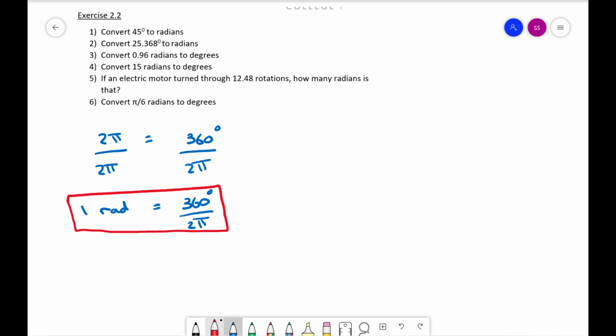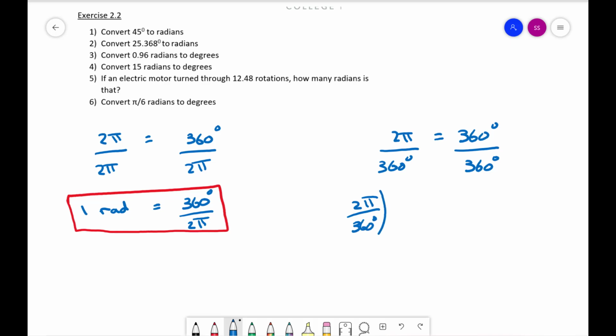If we went the other way, we take our identity again of 2 pi is equal to 360, and now if I want 1 degree, I'd have to divide the right-hand side by 360. But what you do to one side, you must do to the other. So 2 pi over 360 radians is equal to 1 degree.